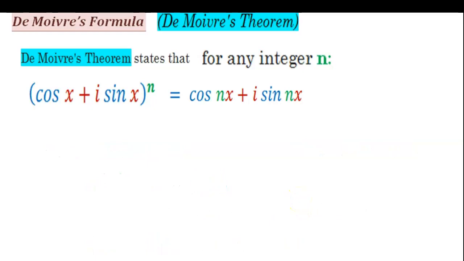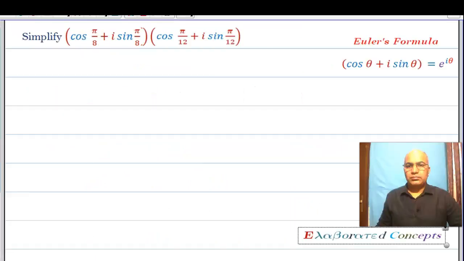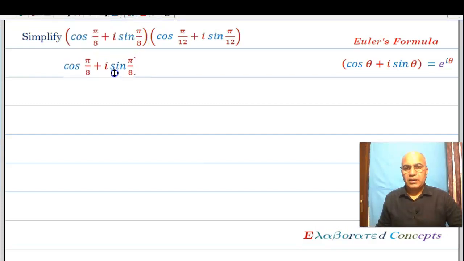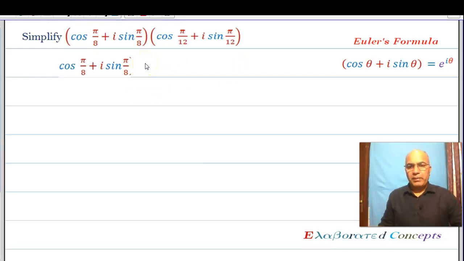Let us discuss some applications of these theorems. In the first problem we have to multiply the two complex numbers. Now using the Euler form of this number, we have cos pi by 8 plus iota sin pi by 8 equals e raised to power iota pi by 8.